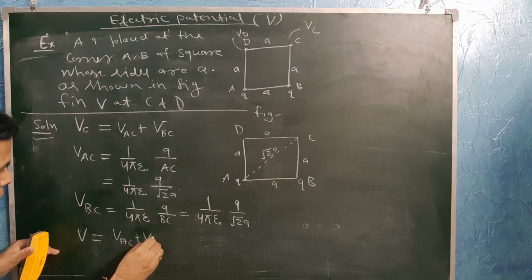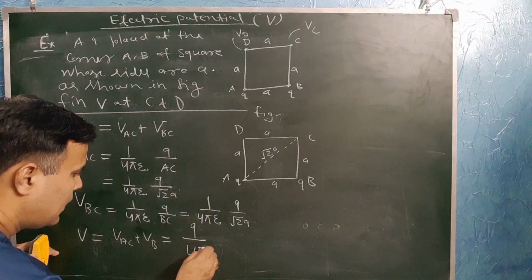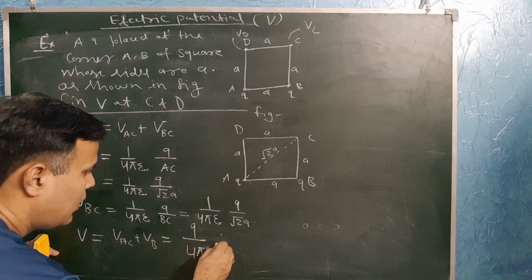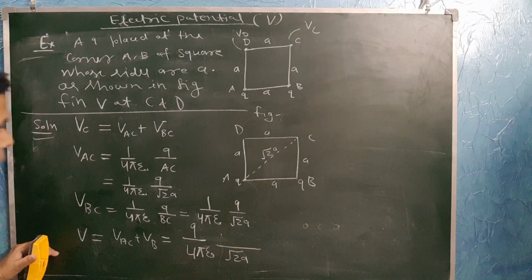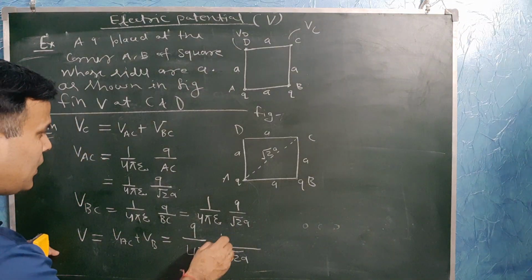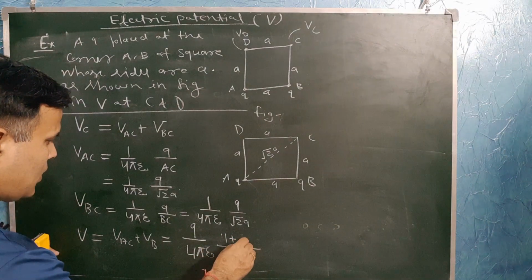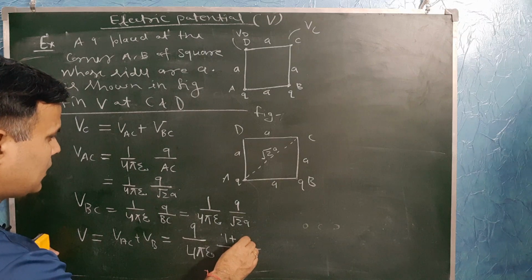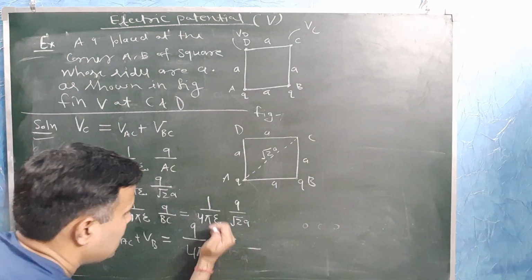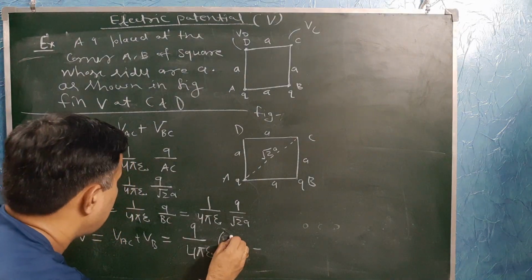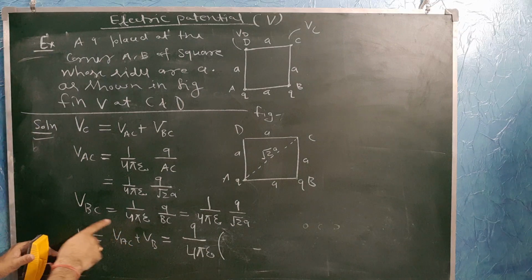VAC plus VBC is equal to Q upon 4 pi epsilon naught times 1 by root 2a plus 1 by BC.